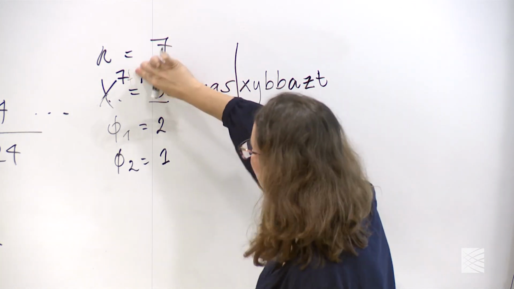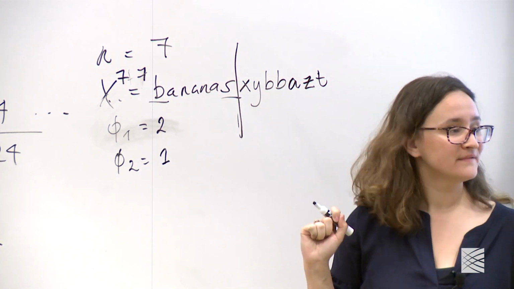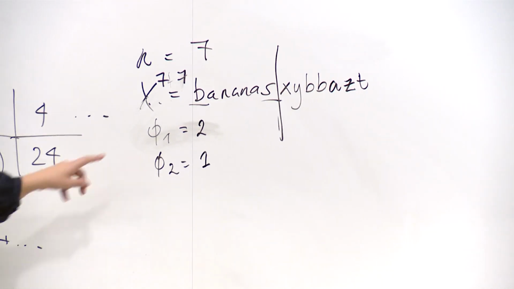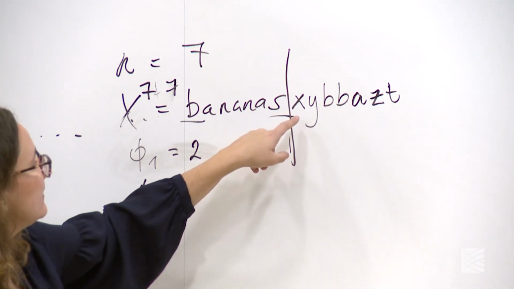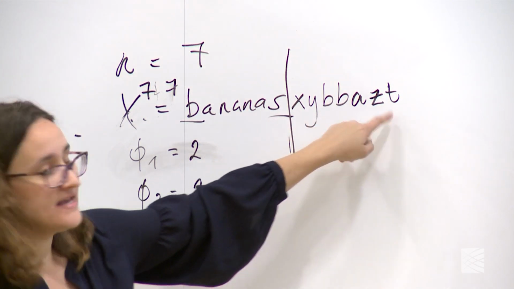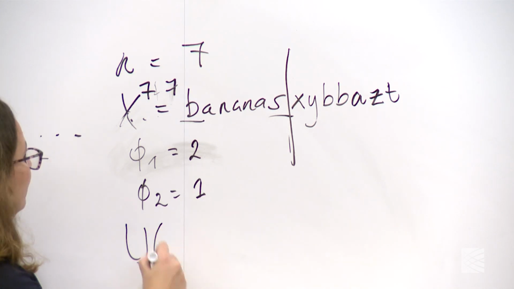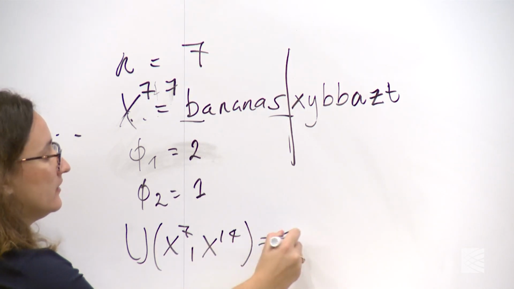So now it would be 7 plus 7. Basically the new species observed in this letter are X, Y, Z, and T. So there are 4. In this particular case, U of X7 and X14 is equal to 4.